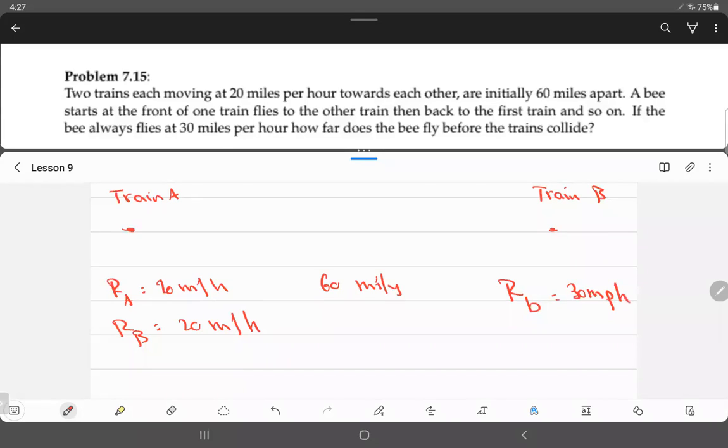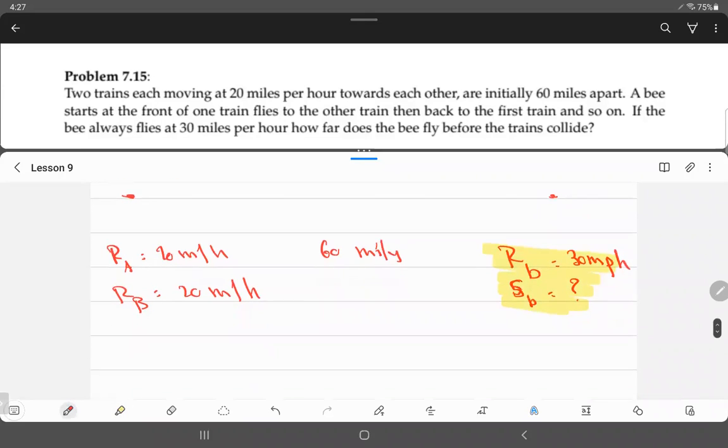How far does the bee fly? So we need to get the distance, S of the B. We don't know it. Before the trains collide. Okay, we need to get the time. Actually, look, we have this relation here.